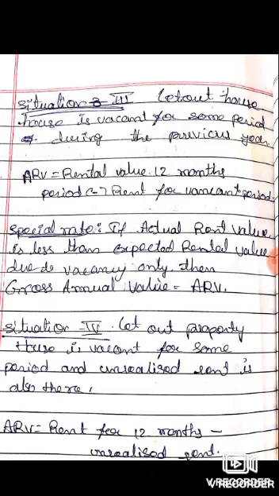We have to take the higher, and actual rental value is calculated as rent for 12 months minus unrealized rent, and again we have to take the gross annual value and actual rental value, whichever is higher. Again we have to calculate the income from property.